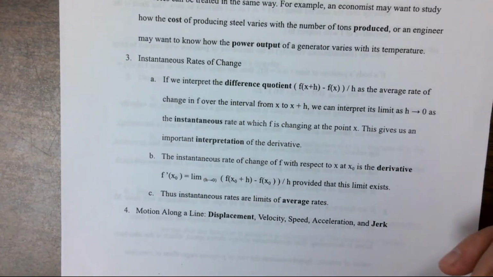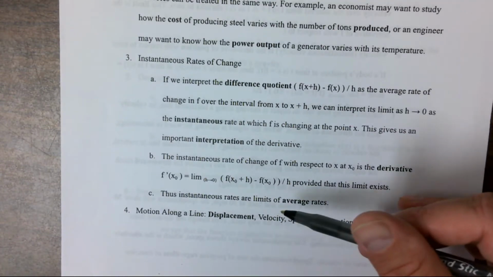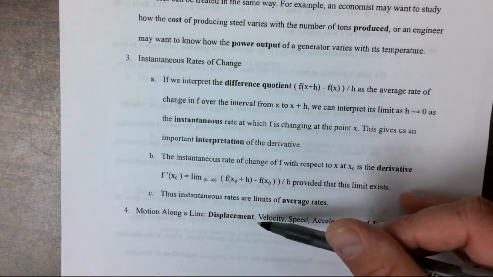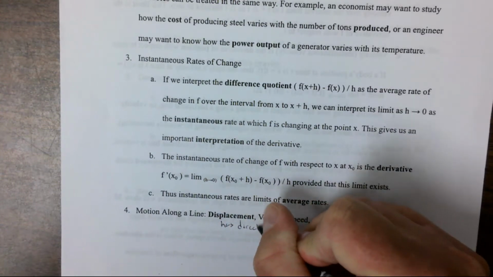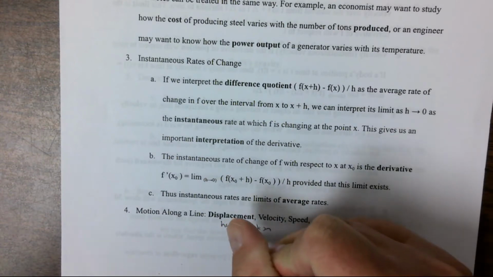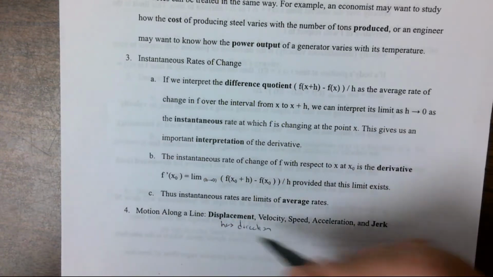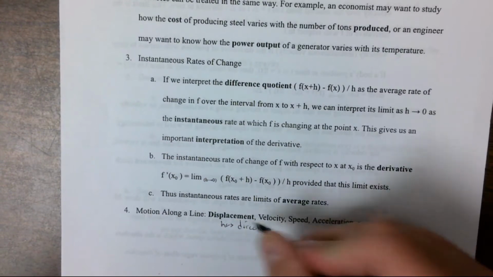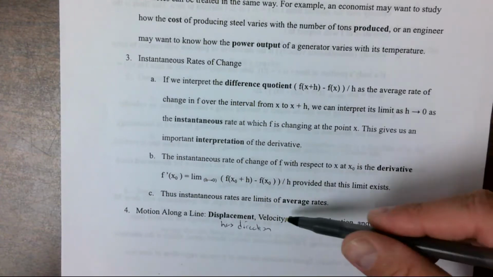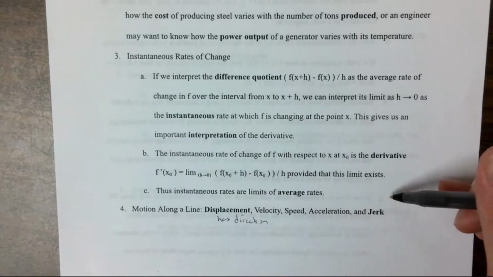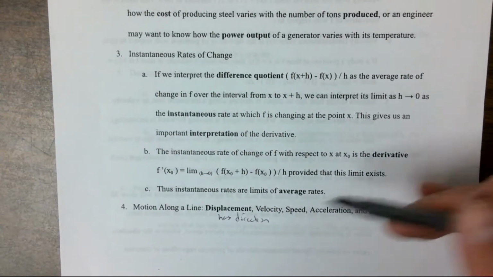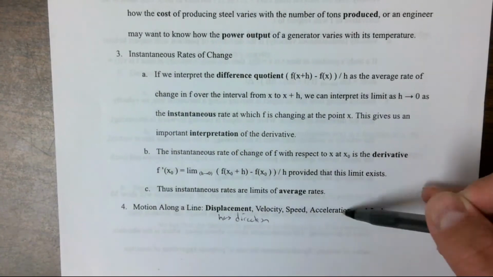So now we're going to talk about motion along a line, specifically displacement, which has direction, like a distance east, for example, velocity, speed, acceleration, and even jerk. Now, if you take the derivative of each one, you get the next.